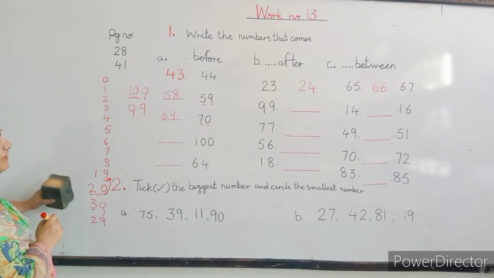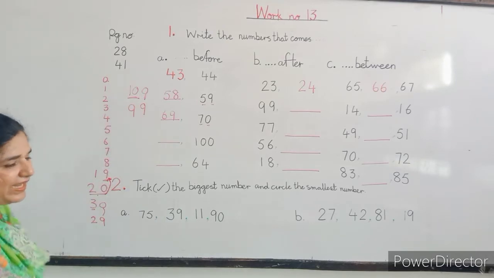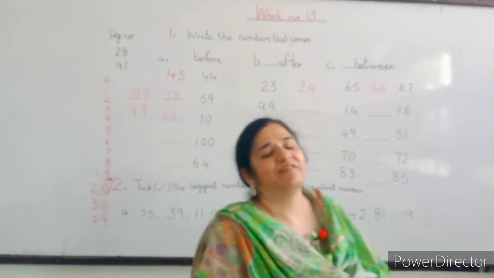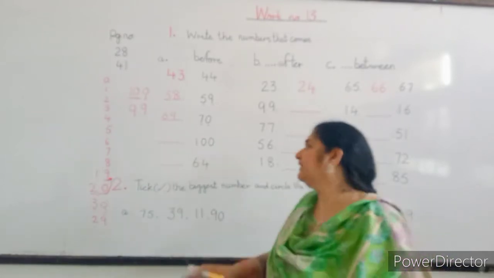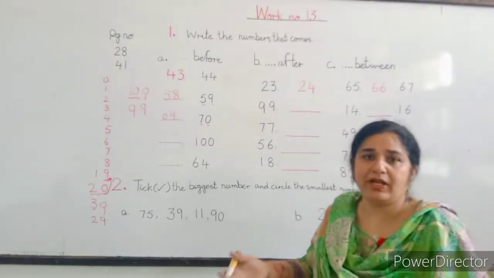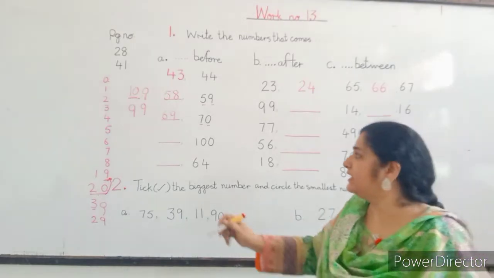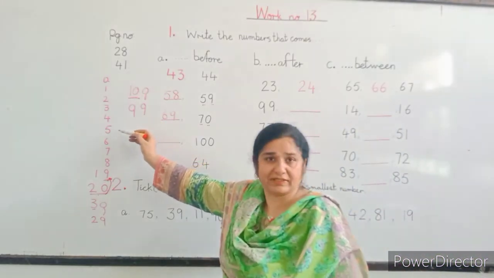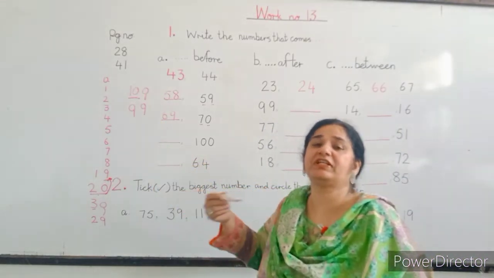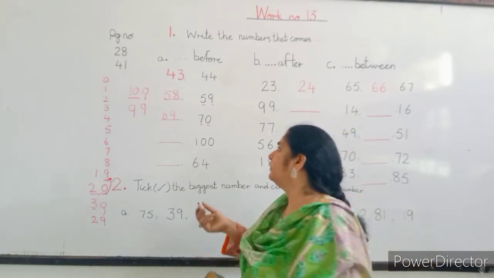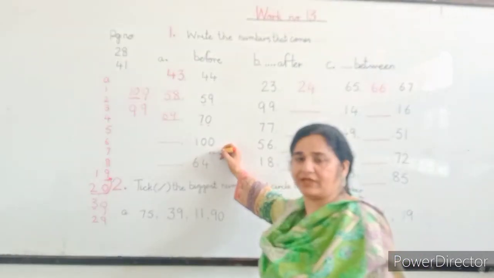Right? This 10 will change into 9. And simply, when you use backwards counting, then it will be easier for you. And if these are random numbers, then you can use this method that I explained to you to change the tens and ones. Okay? Now see, this is 100.